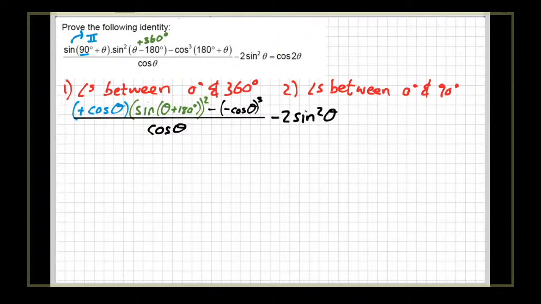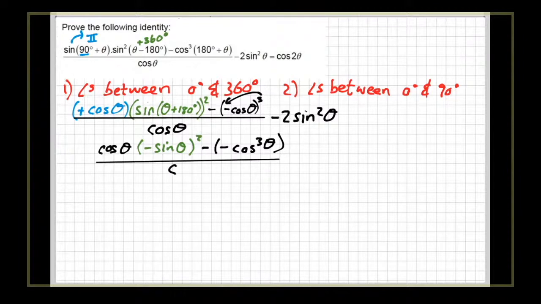I'm not going to worry about it, I'm not even done with my first 2 steps. So let's continue. Then I've got negative sin theta in the third quadrant, but it is squared. Then I'm going to cube: a negative cubed is a negative, cos cubed theta, all over cos of theta.